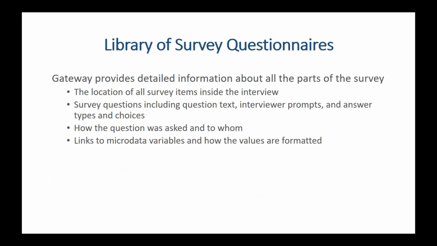So the gateway provides detailed information about all parts of the survey. This includes the location of all survey items inside the module, inside the interview, survey questions, including question text, interviewer prompts, and answer types and choices, how the question was asked and to whom. Not all questions are asked to everyone. Some questions are considered couple level or household level, and it wouldn't make sense to ask both people the same question.